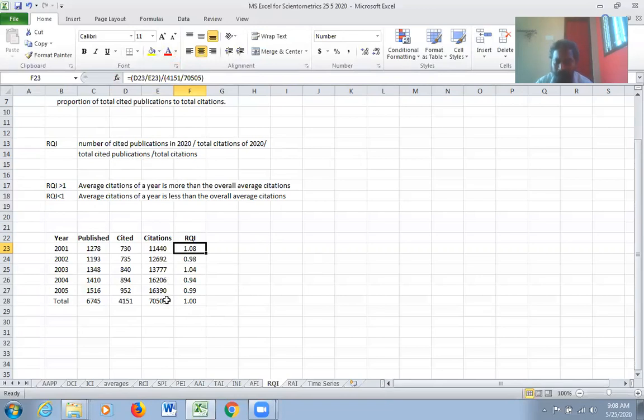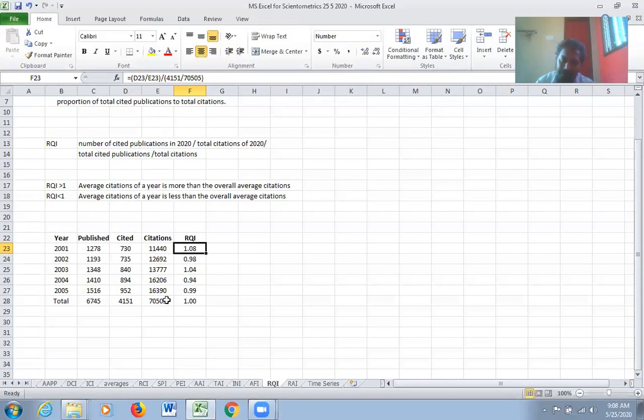That means we don't take into account all the papers published in a year or in a country. We take only those papers which receive citations. In the previous cases, we took total papers, total citations, total output of a country. But here, in the relative quality index, we take into account only the papers which were cited.